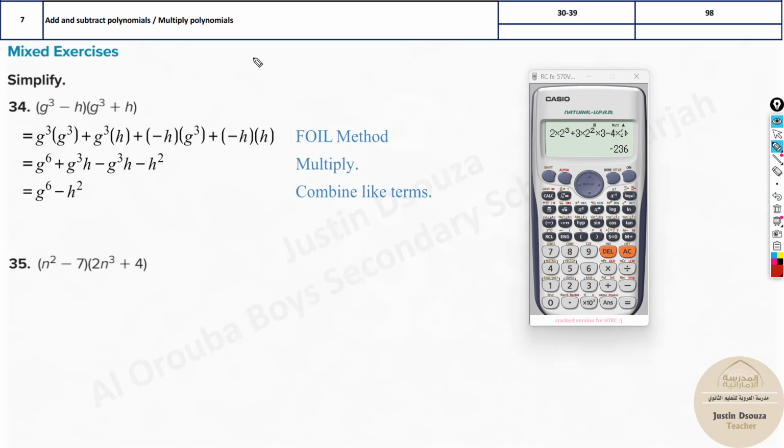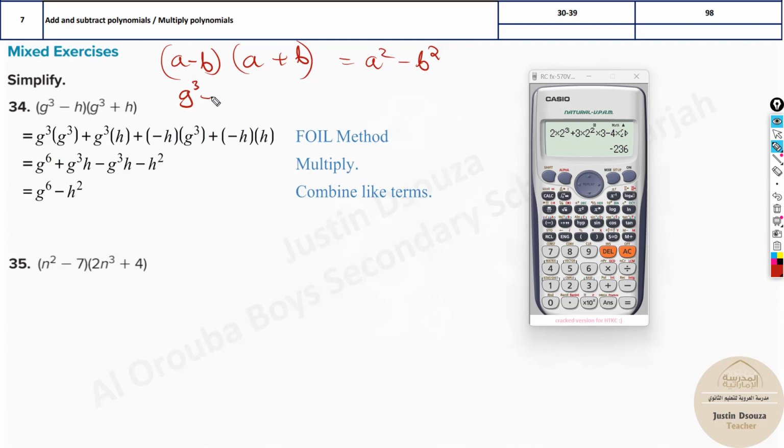But do you know there is a formula that is A plus B, A minus B? What is this formula? A plus B, A minus B equals A square minus B square. Now here we don't have A and B, but we have G square. It's fine.